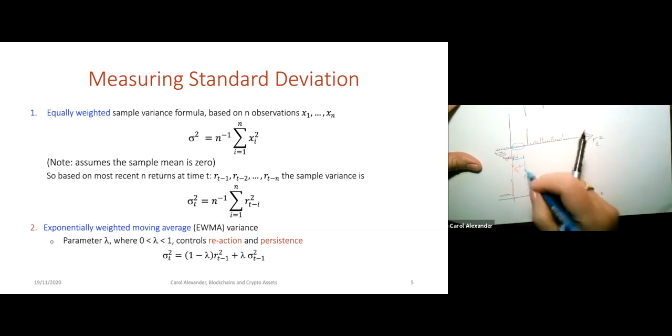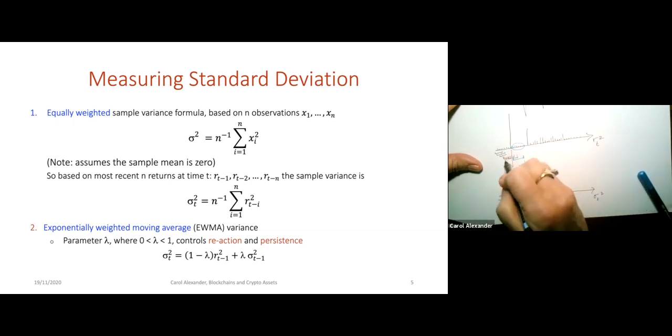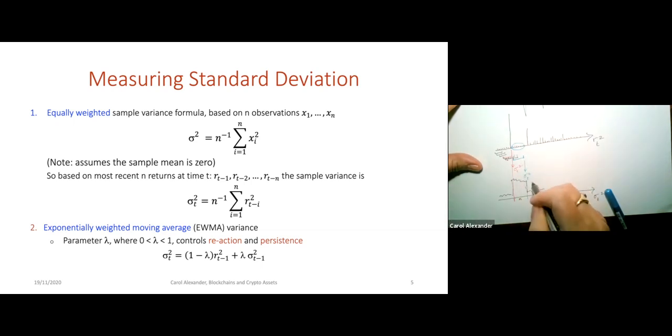And then on that blue day, exactly n days later, because our sample size is n, it stays up because it's got that, and then suddenly it jumps down. But absolutely nothing happened on that day. Well, there's another one there, so it would jump up again.